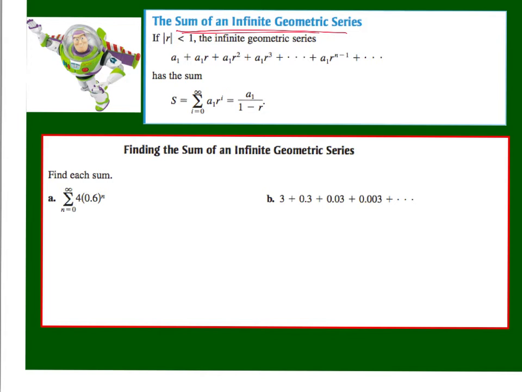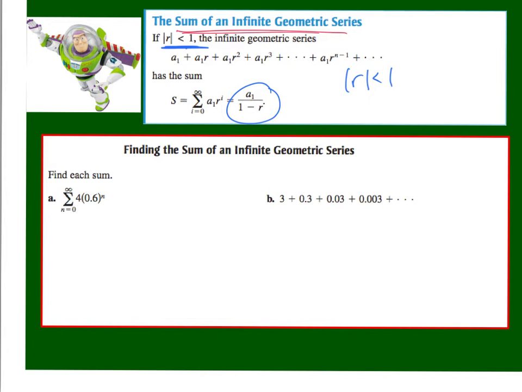First of all, if we have an absolute value of a common ratio, it needs to be less than 1. If our common ratio is less than 1, then we can actually use this formula. And the formula is real simple. It's just our first term over 1 minus our common ratio.